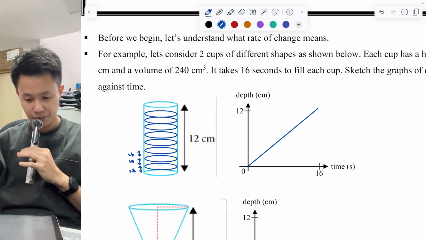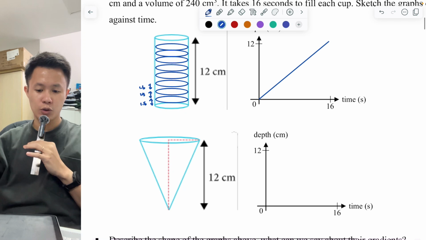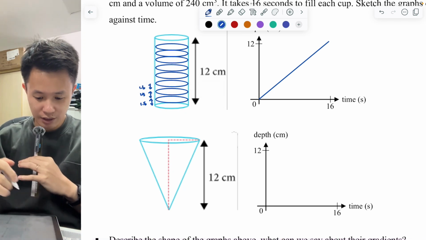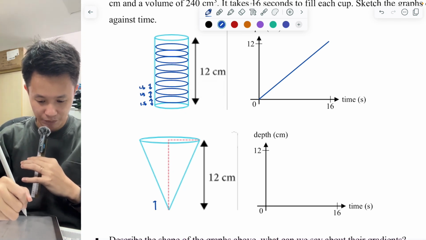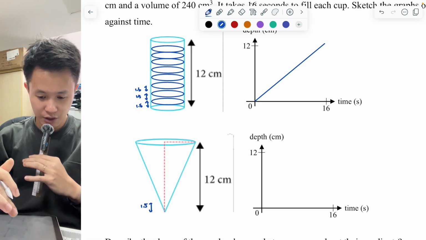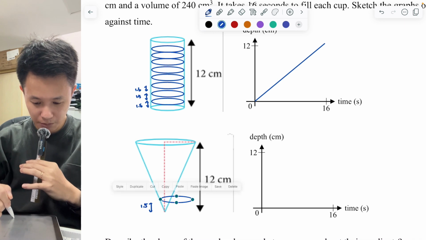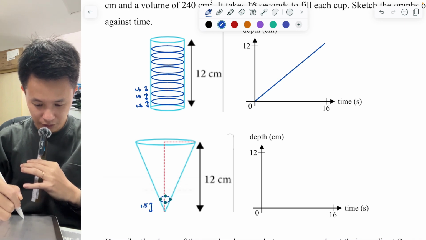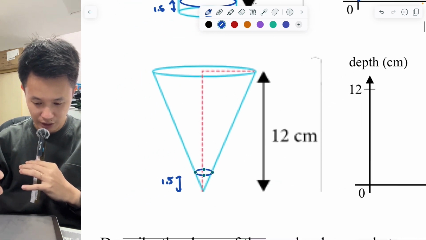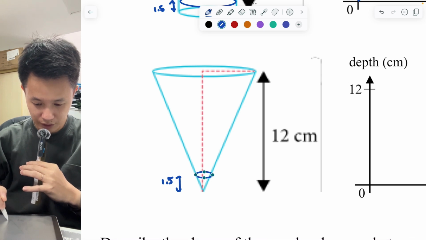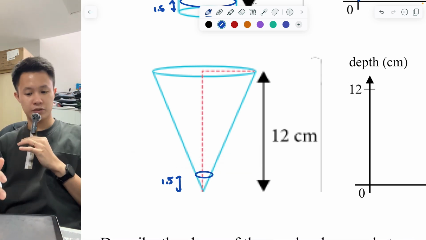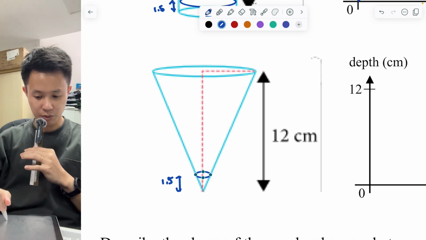at a constant amount. However, if you look at a cone, let's say I fill up 1.5 cm over here. Let me just duplicate this over here, make it smaller. So assuming that I fill up 1.5 cm of this cone, this is what the 1.5 cm will look like.